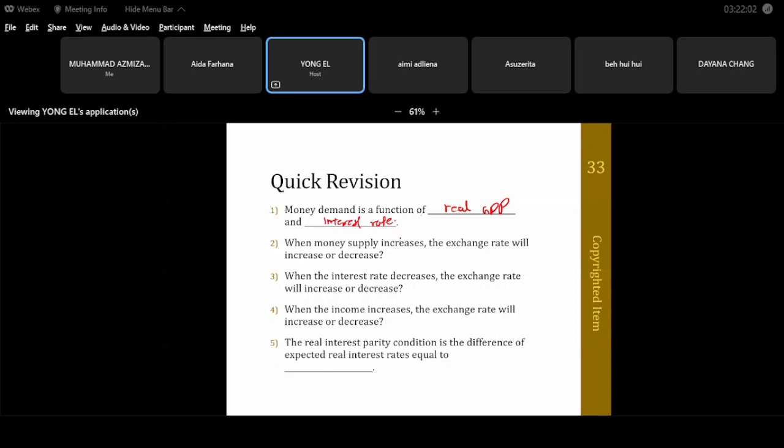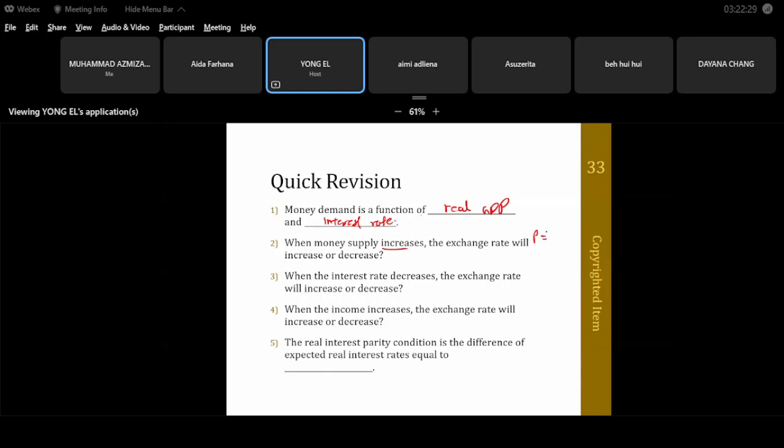When money supply increases, the exchange rate will increase or decrease? Money supply increases, exchange rate increase or decrease? Money supply. Okay, here we need to look at Faiza, say increase. Let's see if this is increase.